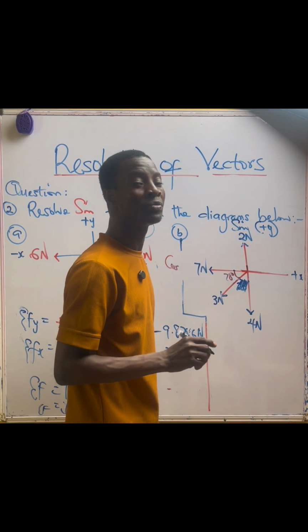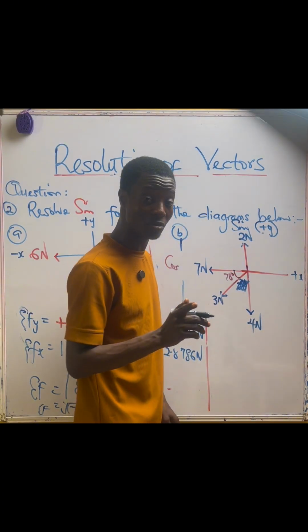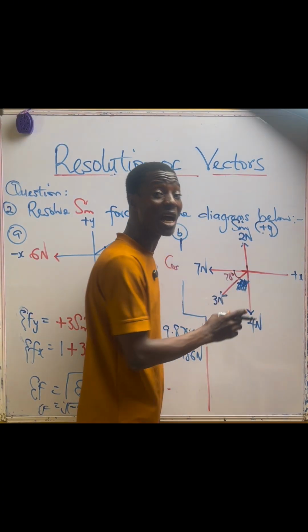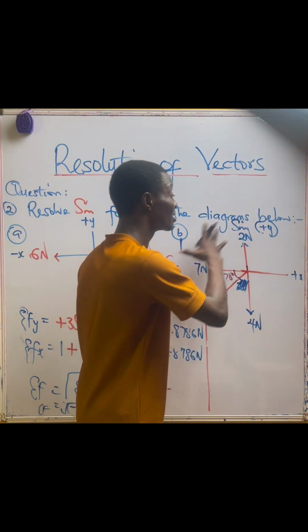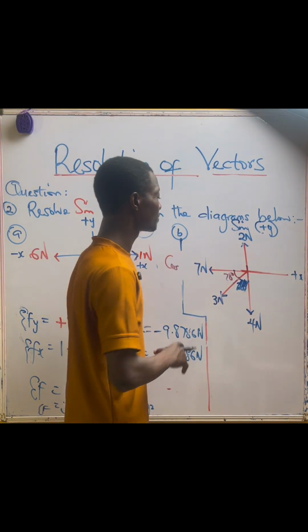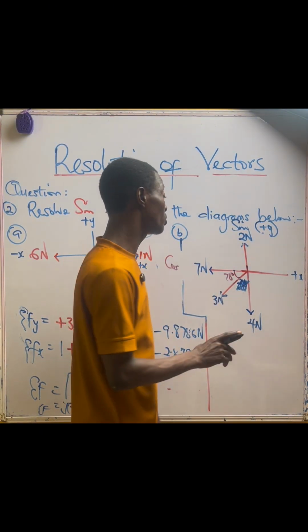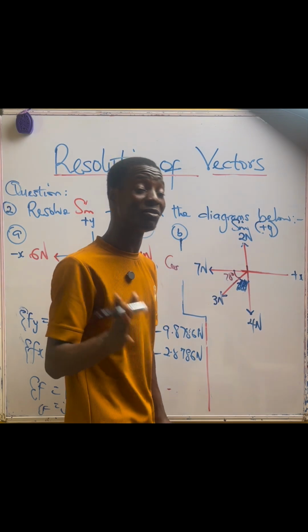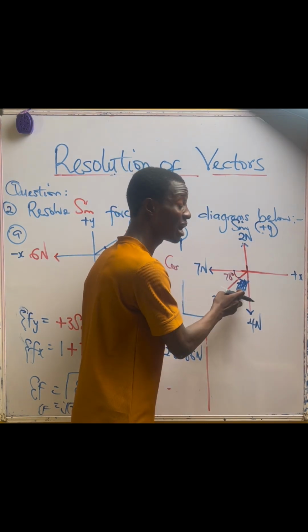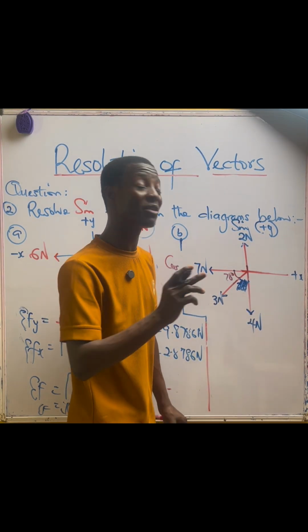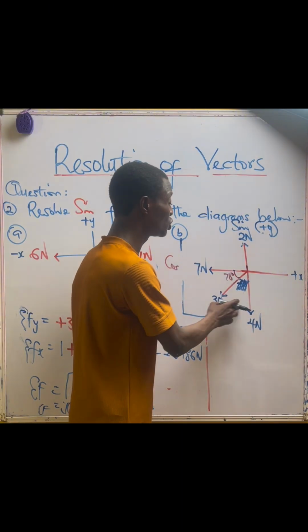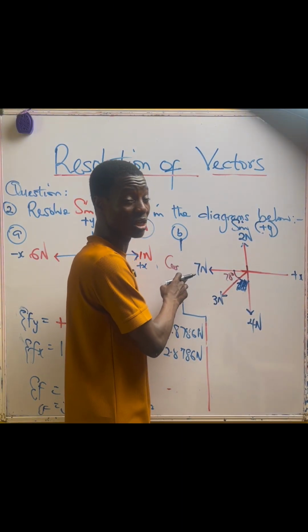Now note that you can see some of your colleagues that are using 20 degrees, and they would eventually get the answer for that resolution. But then your colleague must have used sine here while using the 20 degrees, to resolve towards the x-axis. Do you get it?